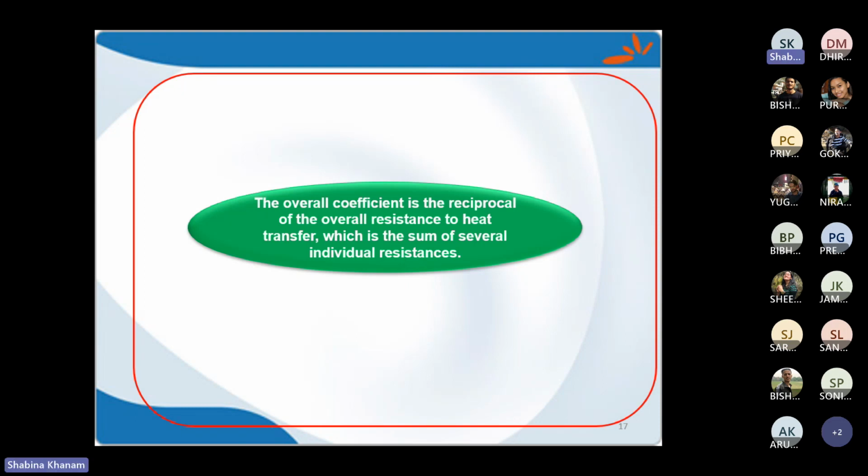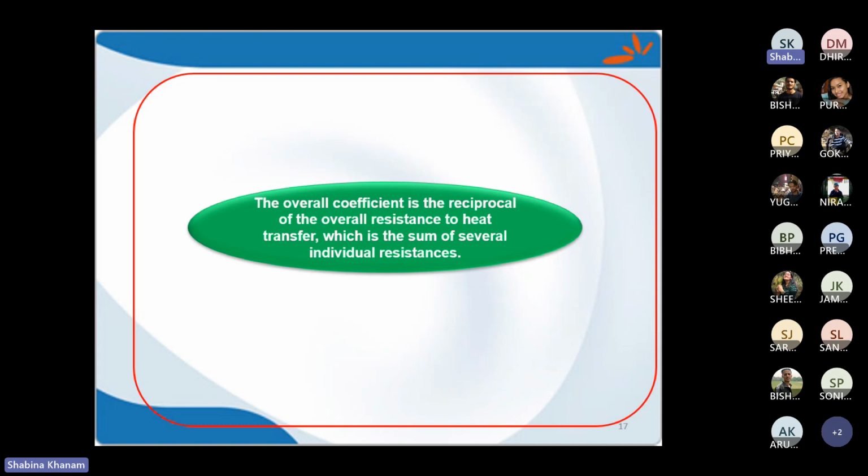I hope you can understand that. If I consider the outer surface, there is a scaling layer, and above this there is a film of the liquid. So that film will give one resistance, that scale will give one resistance, and then the tube wall will give one resistance. Similarly on the inner side, a scale layer will be there, and the film of the fluid will be there over the scale.